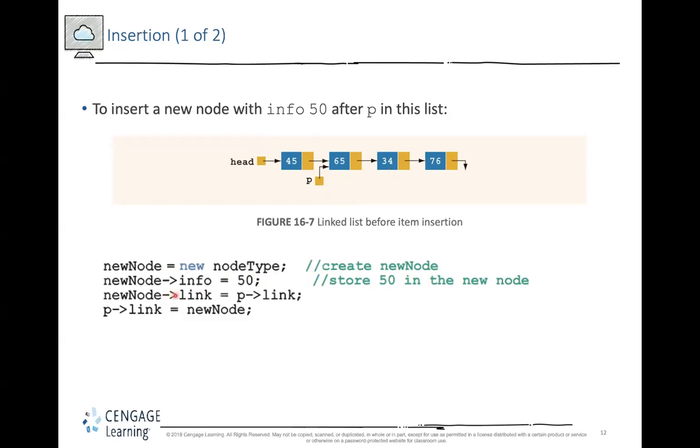That's why we assign P's link to new node's link. And so now we have the new node that points to 34. Now we just need to have the current node pointed to by P point to this new node. So this new node is inserted that way. So we're going to assign the new node as P's link.